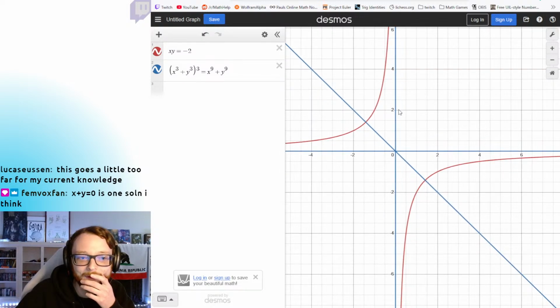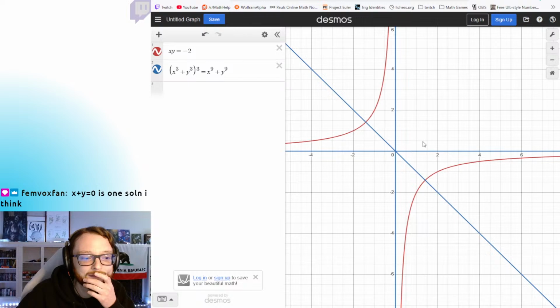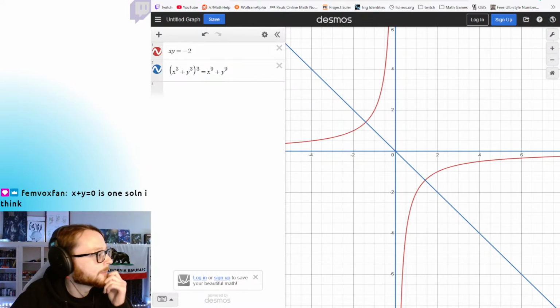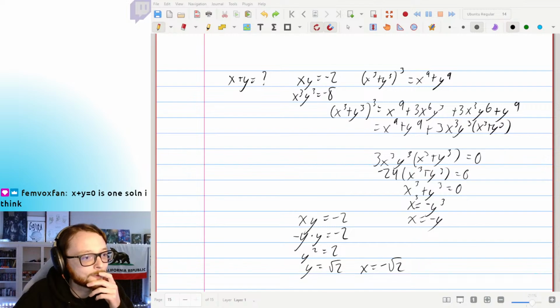Why does this graph look like this? It's so weird. Assuming we're not allowing for complex solutions. Well, I mean, what did Mega say? Let's go down that path too, but I think 0 is just the right answer.